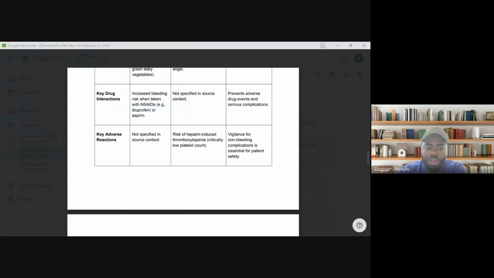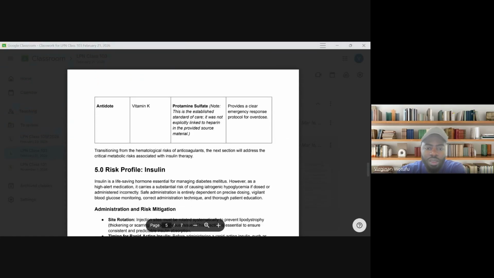Now we'll look at insulin, which is another high-risk medication. With insulin, we know it's given to correct glucose metabolism, right?